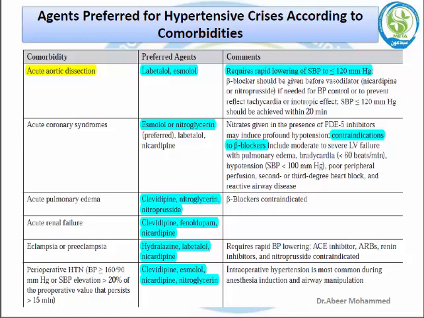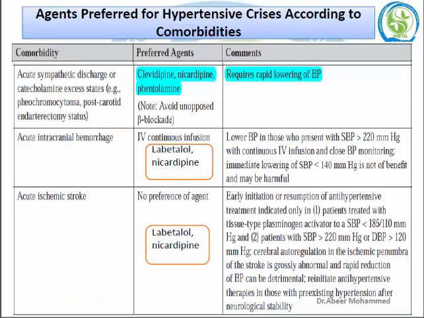So the thing that makes me choose is the comorbidity, and it is the key to solving the case. In case of acute sympathetic crisis or catecholamine excess like pheochromocytoma, we can use nicardipine, phentolamine, clonidine. In acute intracranial hemorrhage we can use labetalol, nicardipine. In acute ischemic stroke we can use labetalol or nicardipine.